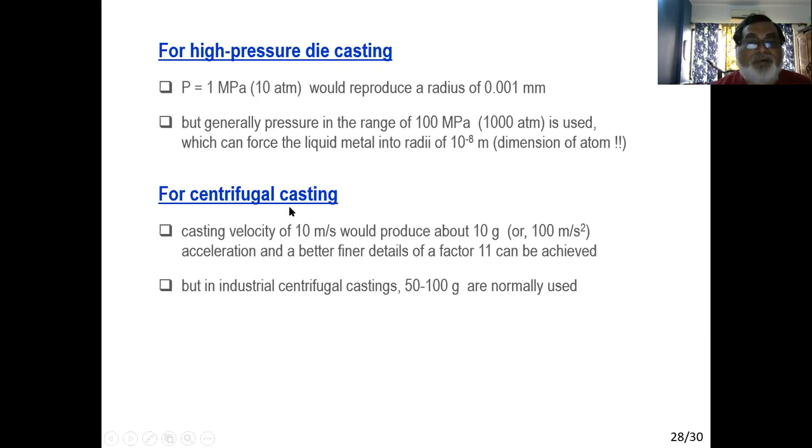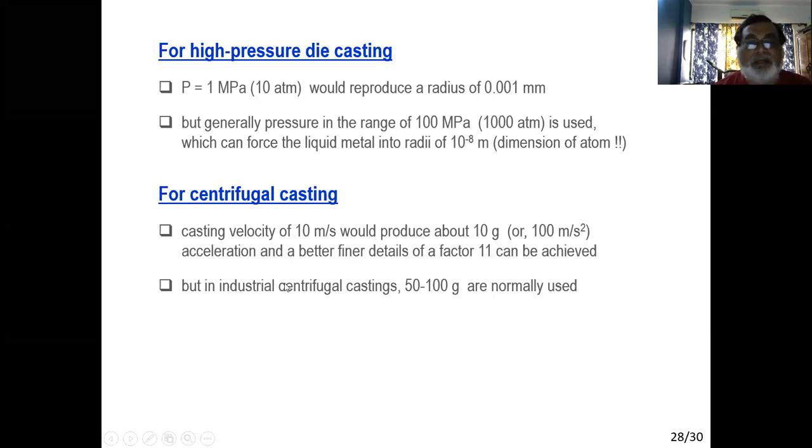Second question: for centrifugal casting, if the casting velocity is 10 meter per second, it will produce 10 G, that means 100 meter per second squared acceleration, and better finer details of factor 11 can be added. This is more than enough to produce finer details of a casting.